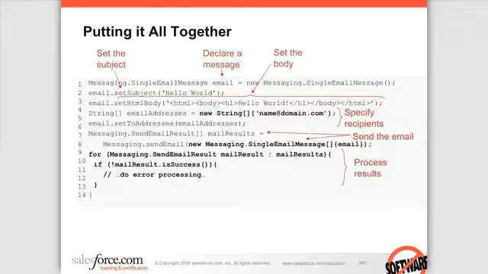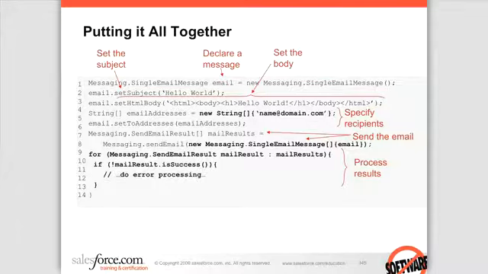So what we're going to do is, within the code, we're going to declare an object of type, we could do single email message or mass email message. There are setters associated with both of these. Set the subject, and in our case, we're doing a single email message, so we can manually create the body of the message. And here we're creating an HTML body.